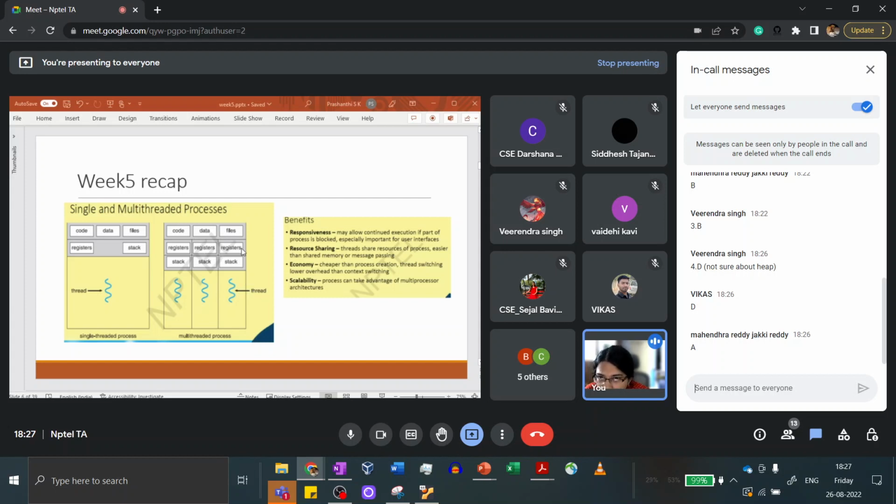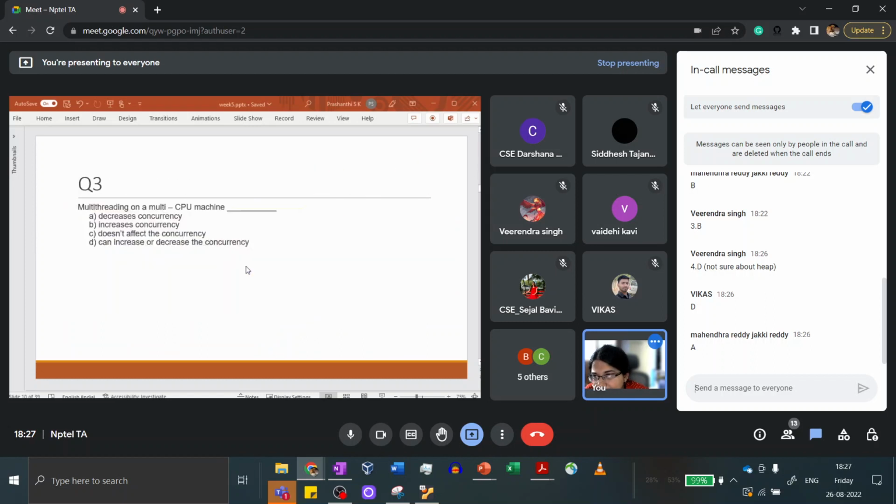Similarly, the heap, although it is not shown here, is also shared between threads. And so the registers and the stack are the only things that are created for each thread separately. So I hope that's clear, and this is also a pretty straightforward question.